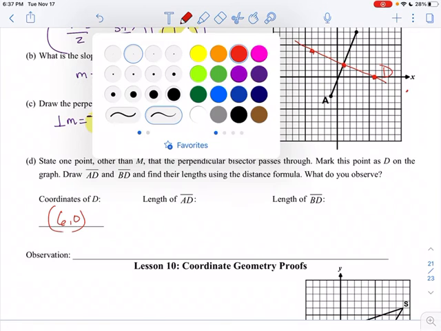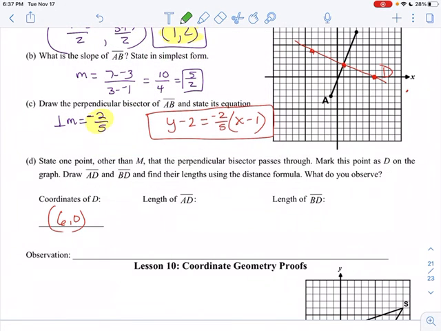So let's say that I was connecting, I'll do that in a different color, green, A to D. I want to find the length of AD, and I want to find the length of BD. Okay, so the length of AD, so A is (-1, -3), and D is (6, 0).